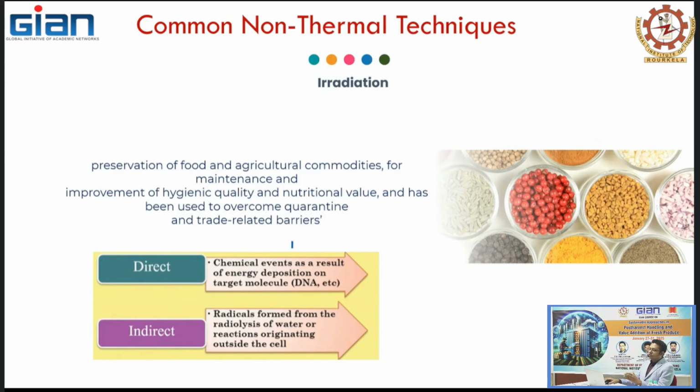So this process is still used and quite popular. Probably on the research side you do not find many studies or much research going on outside, because for this one, I believe in India you need to get permission from BARC to use irradiation.